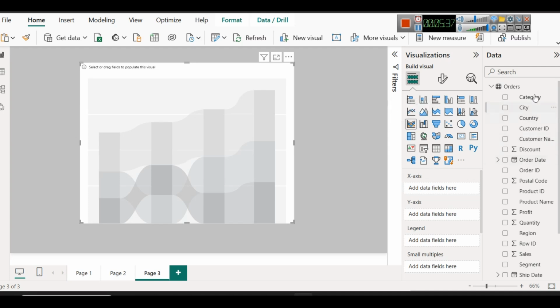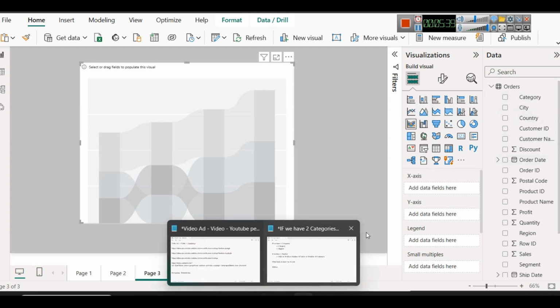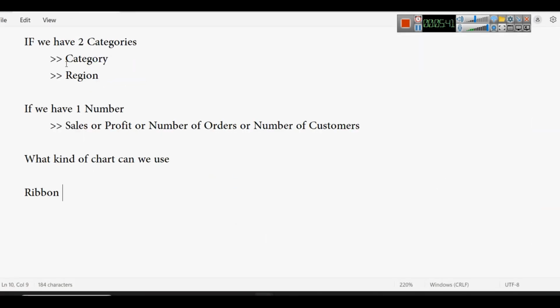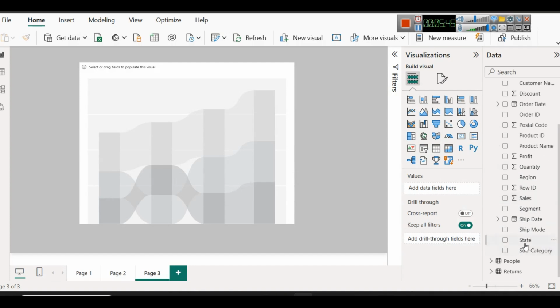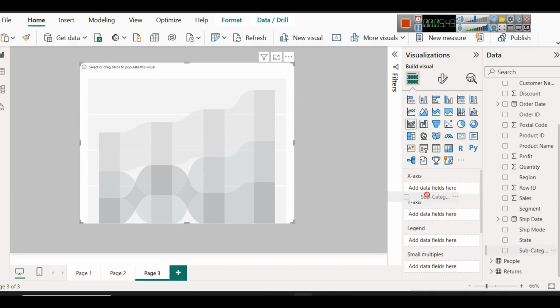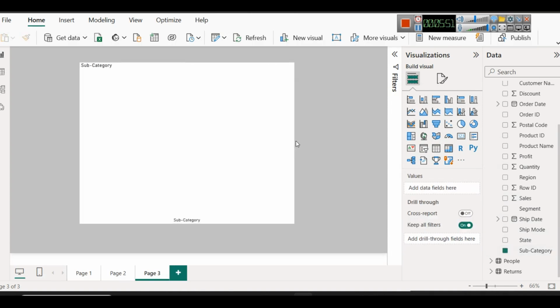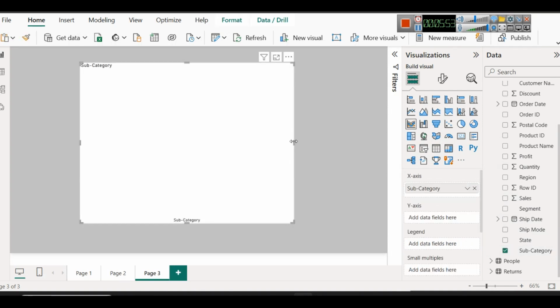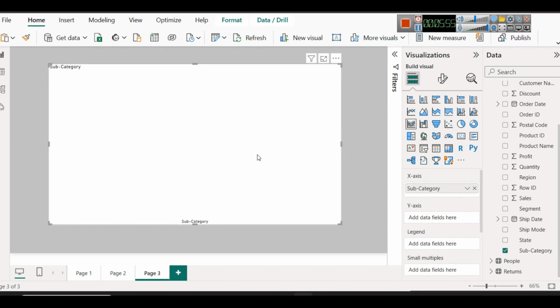Let's say we put a category on the x-axis, or let's say we put a subcategory on the x-axis. Our products have multiple subcategories, right? 9 or 10 subcategories are there. So we have put a subcategory on the x-axis.